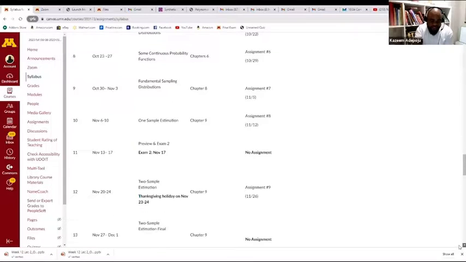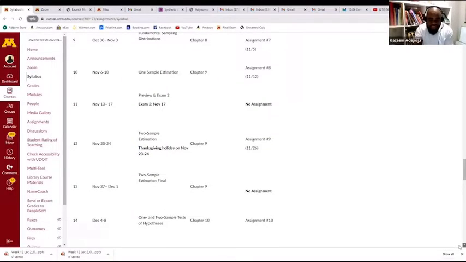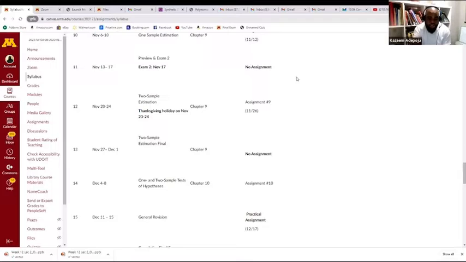I'm going to say that again. In all, there's going to be 10 apart from the practical. Out of these 10, I will automatically drop the assignment with the lowest score, which means I'm only going to use 9 assignments out of 10.